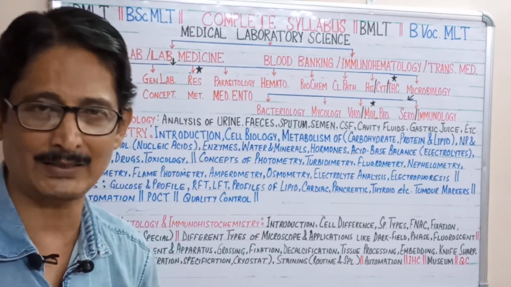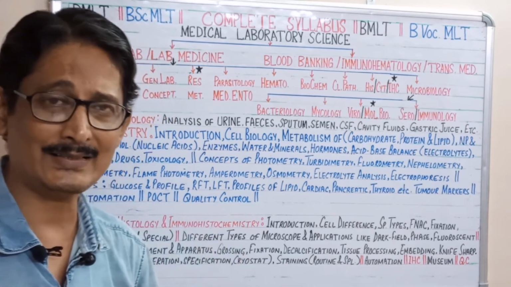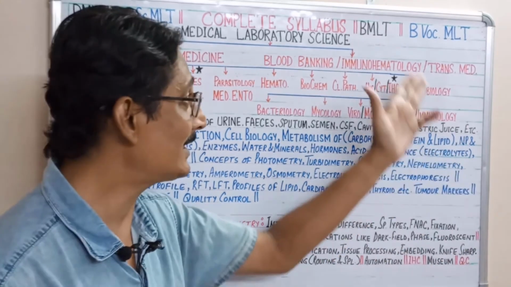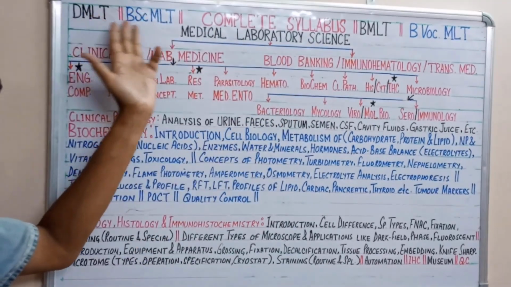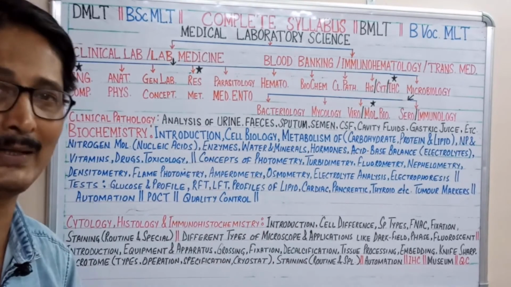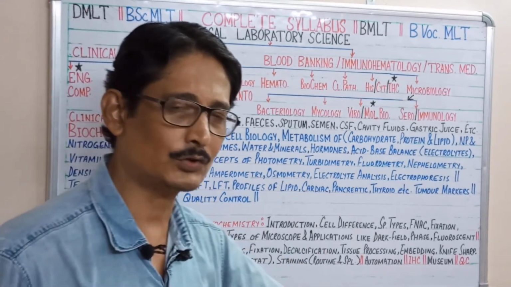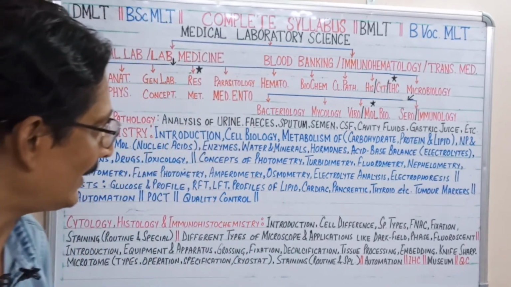These museum techniques are taught only to DMLT or BSc MLT students, so they maintain that part also, the museum part. And of course you also have to study quality control.